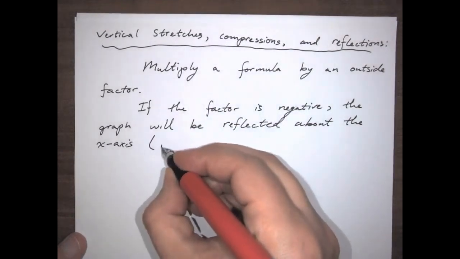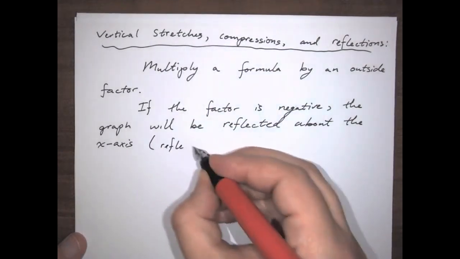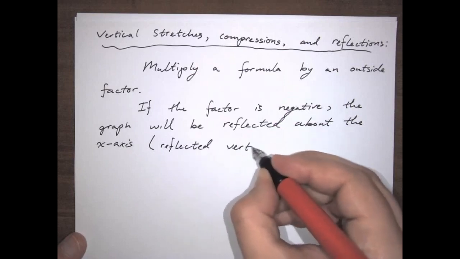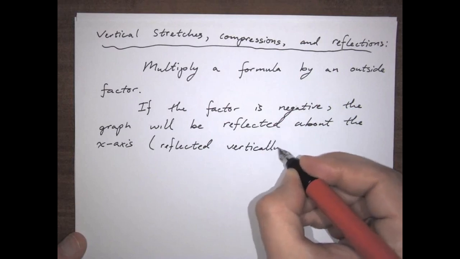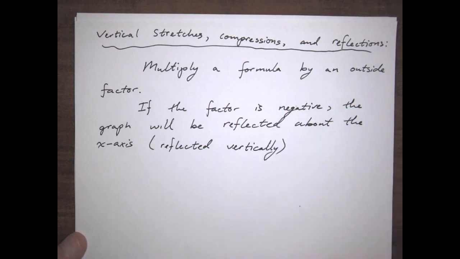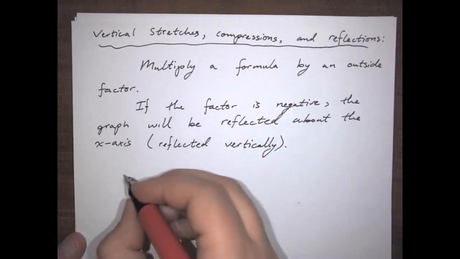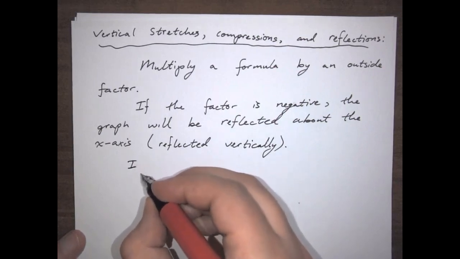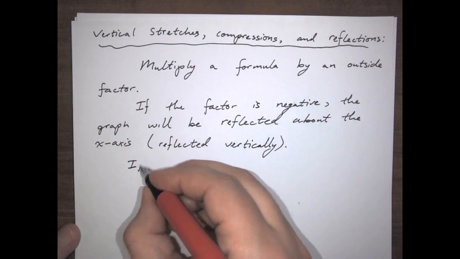So we would call that being reflected vertically. If not, then we look at whether the factor is making the graph taller or shorter.